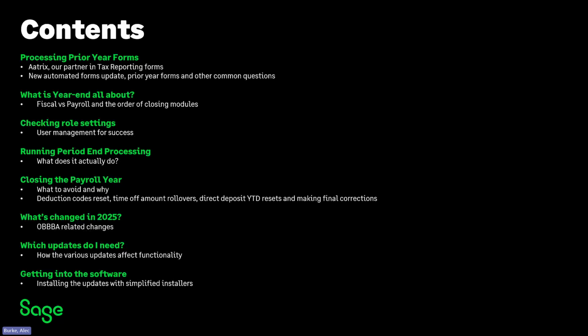Checking role settings, setting up your users for success, running period end processing, what it actually does, closing the payroll year, what to avoid there and why, what's changed this year in 2025, and what's coming next year, which updates do I need, how the various updates affect functionality and get installed, and then we'll get into the software and look at some of those installation steps.